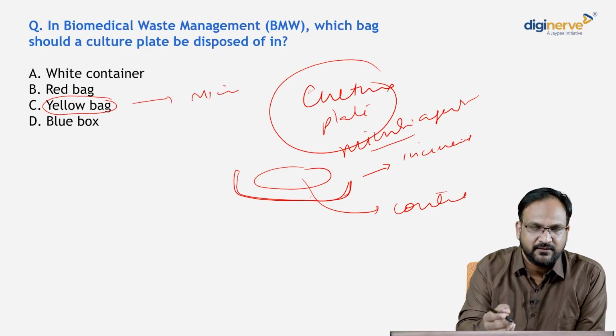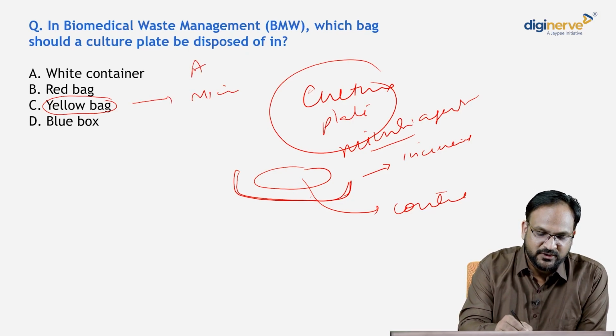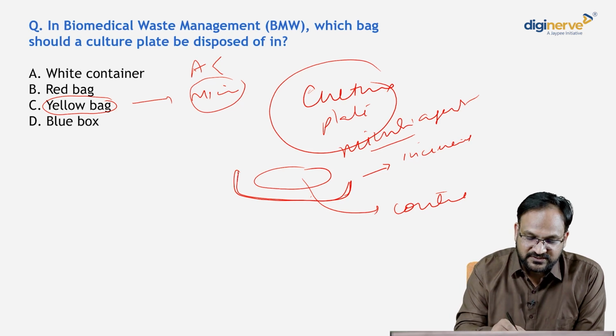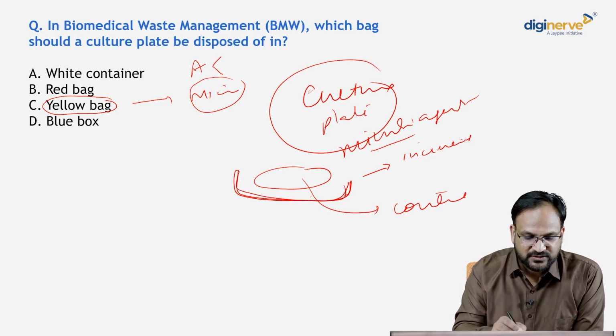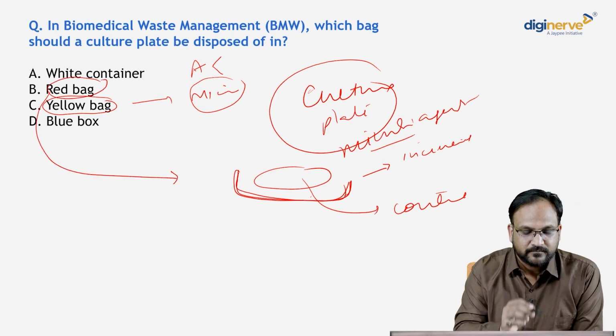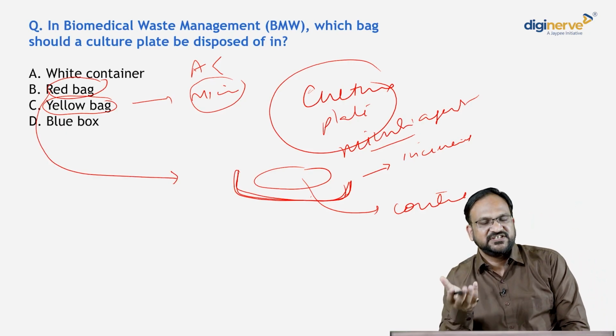In the previous question we discussed that human anatomical, animal anatomical and microbiological waste are to be discarded in the yellow bag. But if it is talking about the plate, it should be discarded in the red bag, because it is infective plastic material.